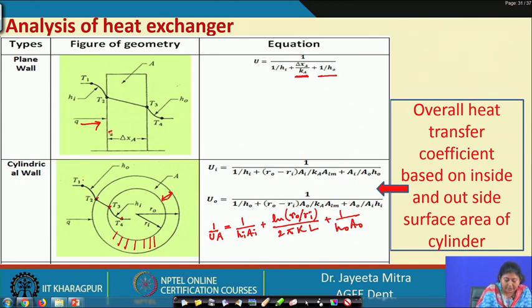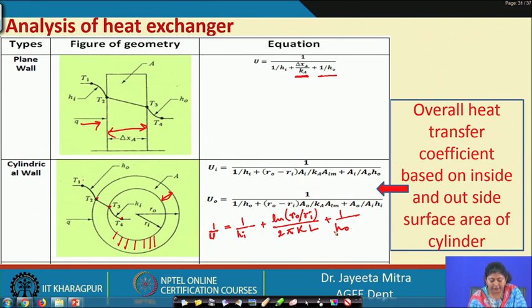In that case we can consider that the inside area, A I, will be very much equal to A O, and that is equal to A. So, in that case we can omit the subscripts on A, and this equation will just become this, and from here we can find out what U is. U will be 1 divided by this whole value. So, we can get that.